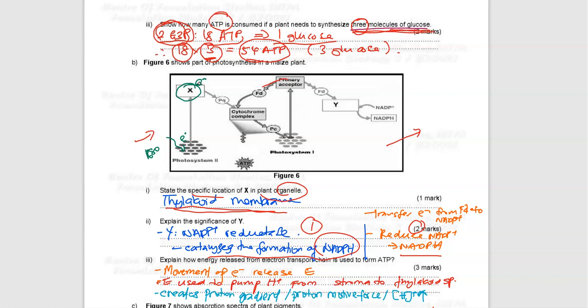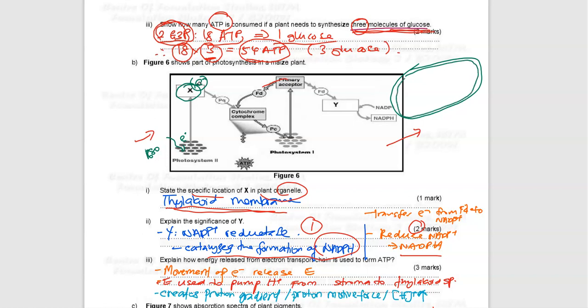Basically, the electron will be used to pump hydrogen ion from stroma into thylakoid space. So kalau saya draw kat sini untuk fahamkan proses dia, ini adalah chloroplast. This is the chloroplast that has double membrane.